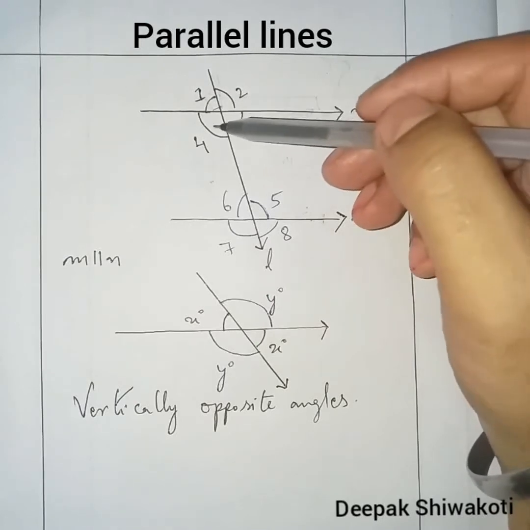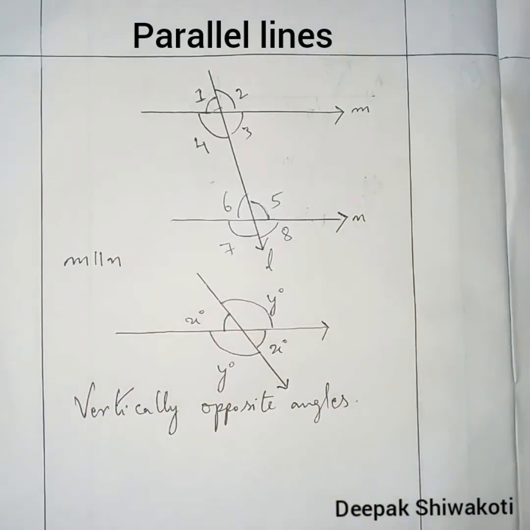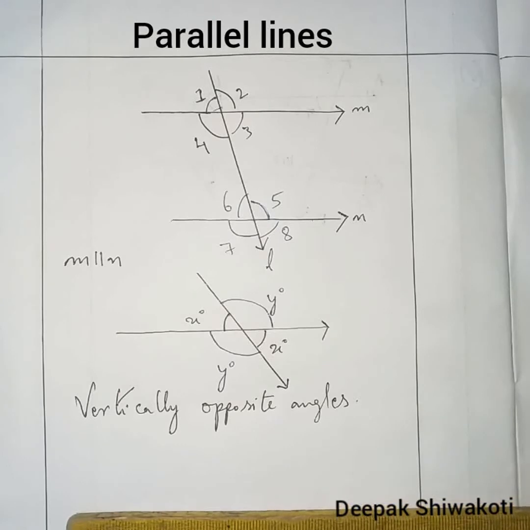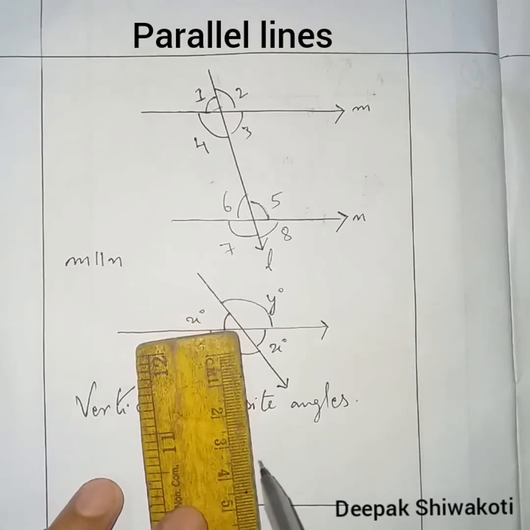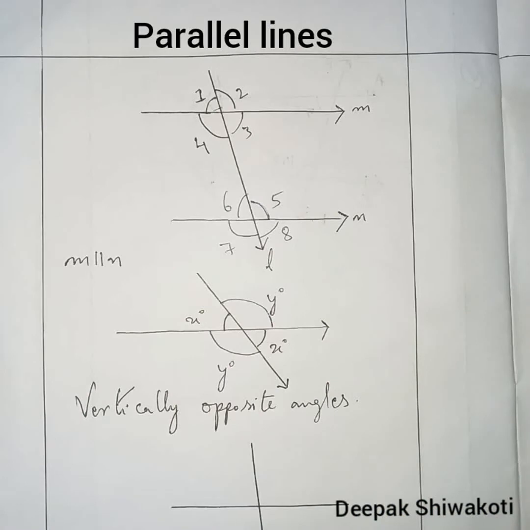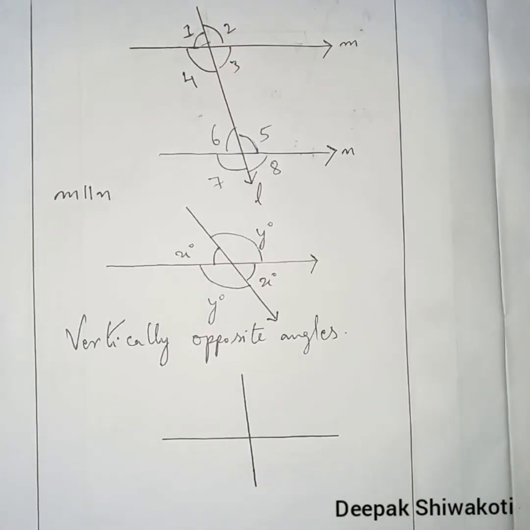Okay, now when you draw a line, and another line is also passing through this line, okay, this is one line and this is another line.